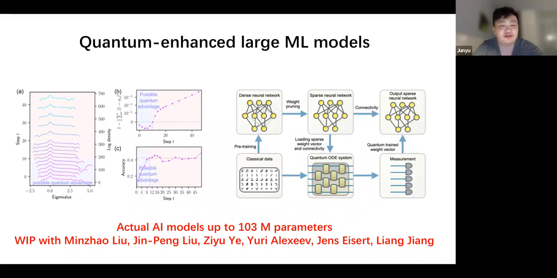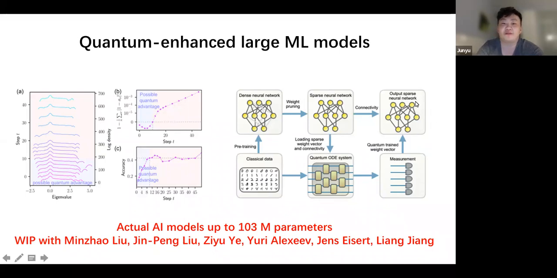After some certain time, you can stop the learning, download the data to the classical computer, and keep running. This hybrid approach will utilize the features of both quantum and classical. At least for the part where you have possible quantum advantage, it is going to be an exponential advantage and exponential enhancement compared to classical algorithms, logarithmic in the model size.